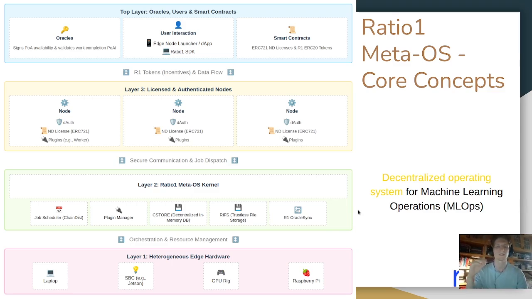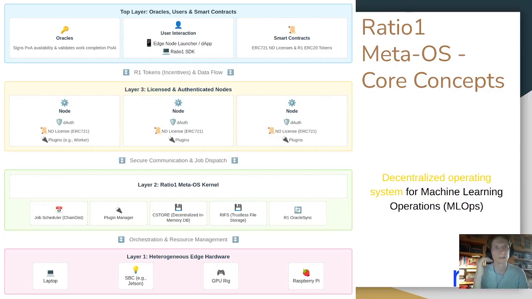Besides this, we have Oracle Sync, which helps oracles to be in consensus on the network and to define how long a node was online, if it executed its jobs, etc.